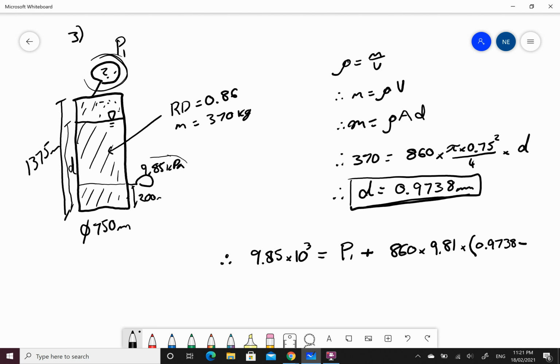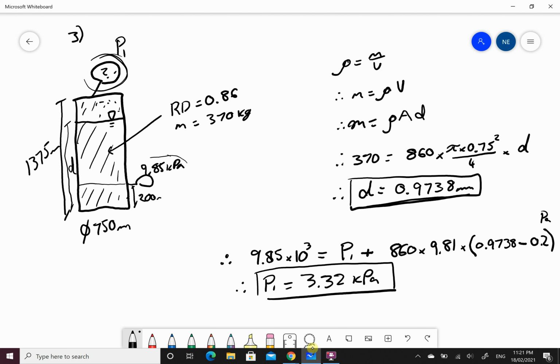The gauge isn't going to read this. 0.2, it's obviously in pascals. So therefore you rearrange. So P1 is equal to 3.32 kilopascals. And that is how we work out what is up in here. Being a closed system, what I know is simple addition and subtraction. Alright, that is how we've come back to work this out here.